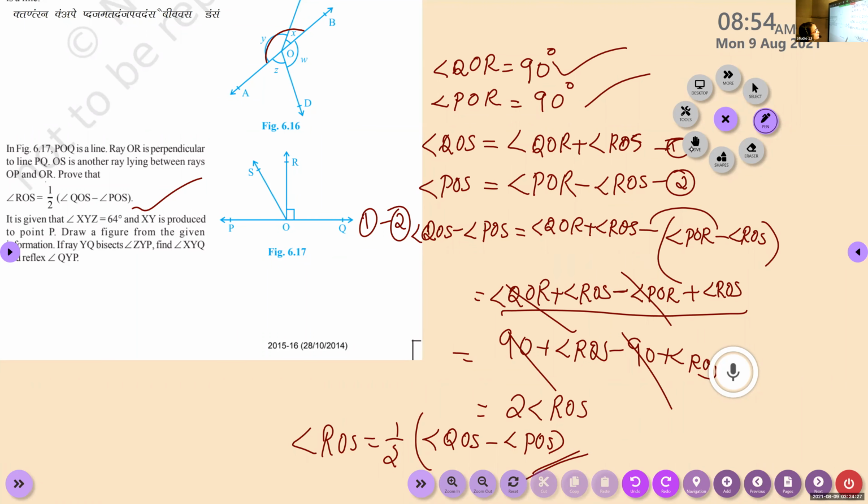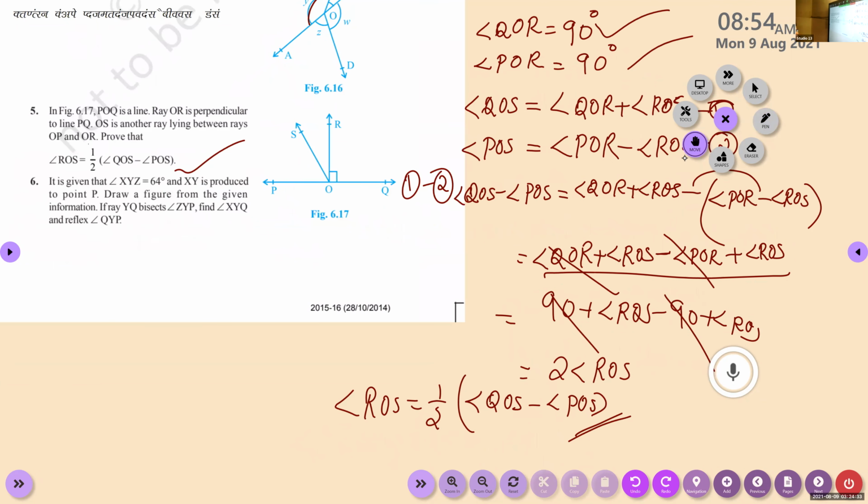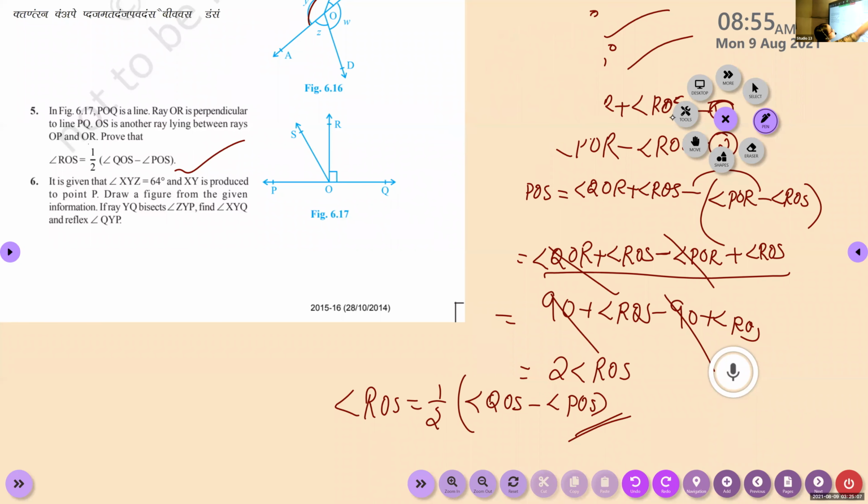Now question number 6. It is given that angle XYZ equal to 64, and XY is produced to point P. Next question, which?